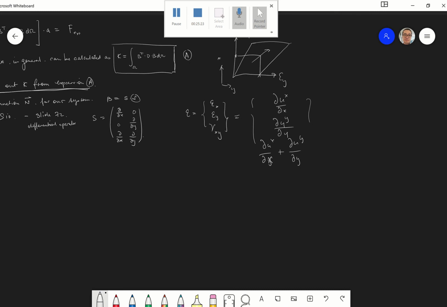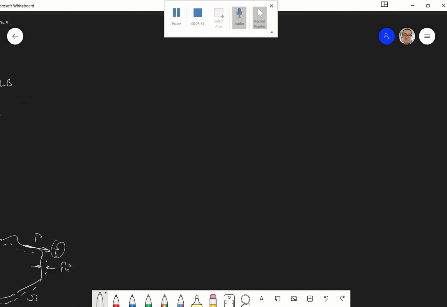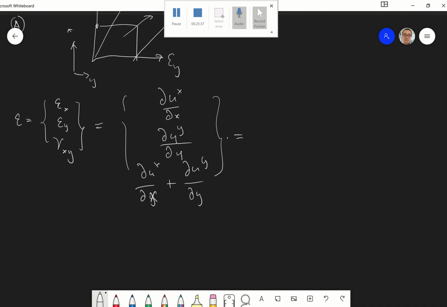And this can be extracted or written out in the operator form as d by dx, 0, 0, d by dy, d by dx, d by dy, times u of x and u of y.